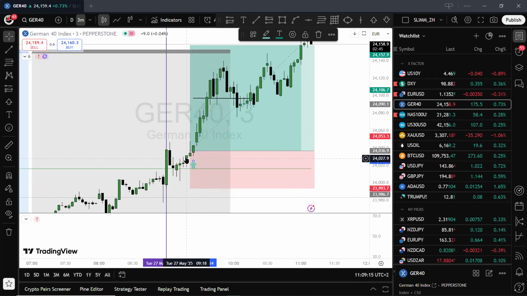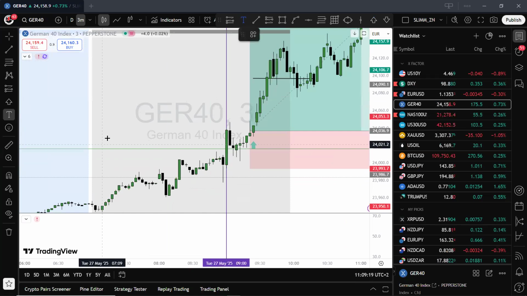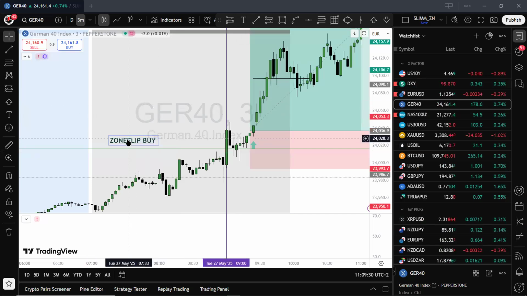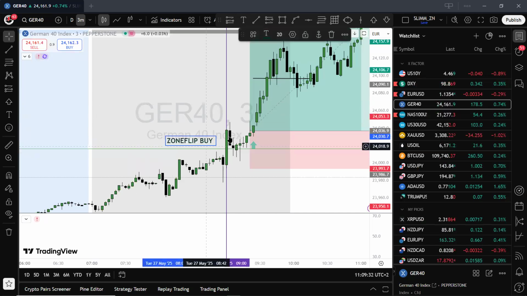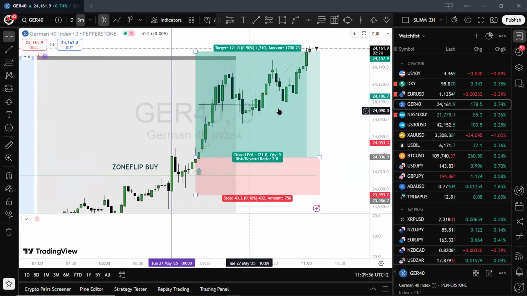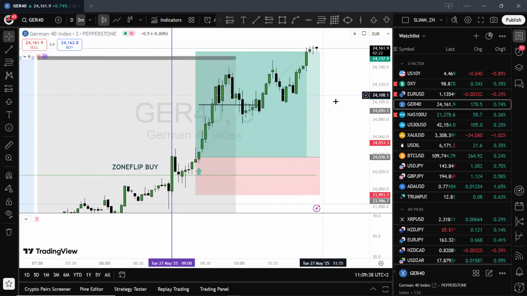We entered right at the close here. We also realized that this was a zone flip buy. A zone flip buy is simply when price breaks the previous day's high and finds support on that same area. So we had a zone flip on the previous day's high, a break and a retest, and a risk reward of 1 to 2.8.